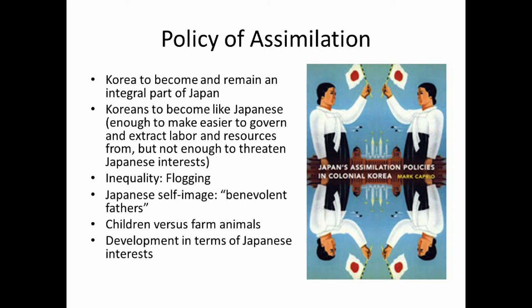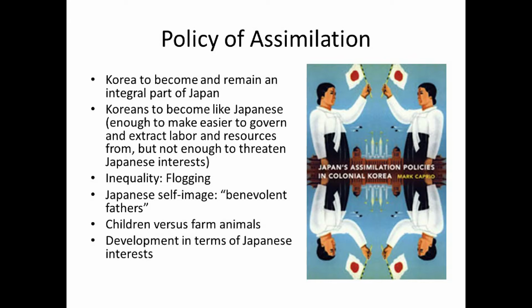Now, Japan followed in Korea a policy of assimilation. In assimilation, there's this idea that Koreans are to become like Japanese, and Korea is to become and remain an integral part of Japan. So to give you an example, the United States, from the very beginning of coming into the Philippines, understood that it would one day leave the Philippines. Right?